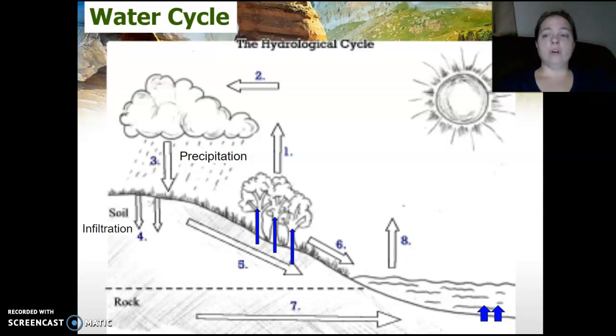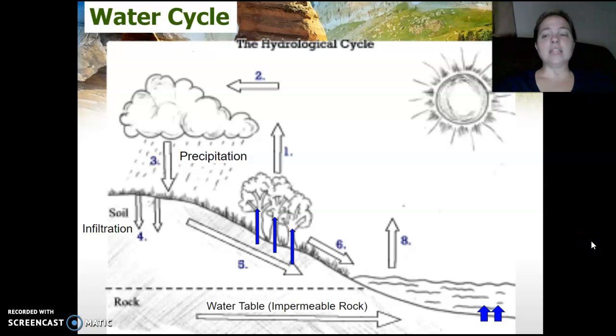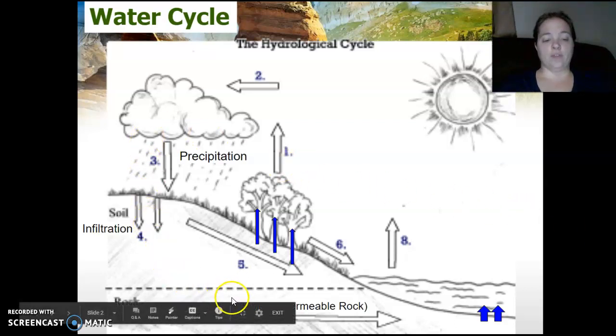If you have the proper ground with grass and stuff, it'll infiltrate. And as it infiltrates, it falls down to where it says rock. Well, that rock is actually the impermeable rock, which means water can't get through it. It's also called the water table. So that's one way it could flow.